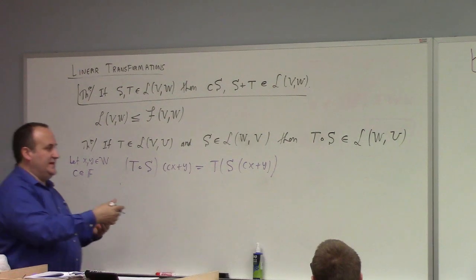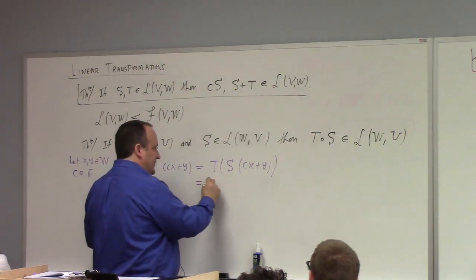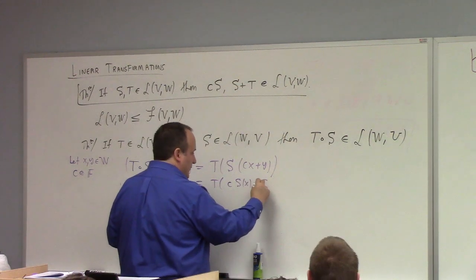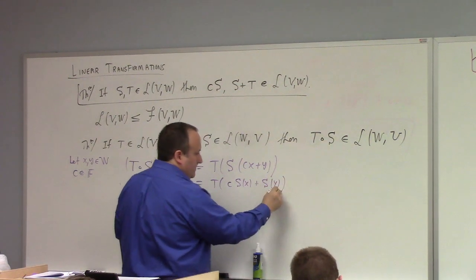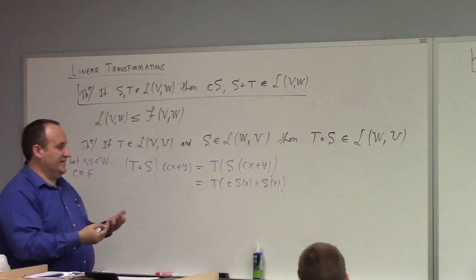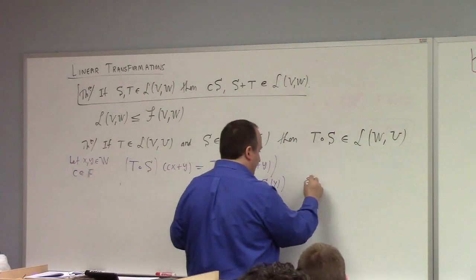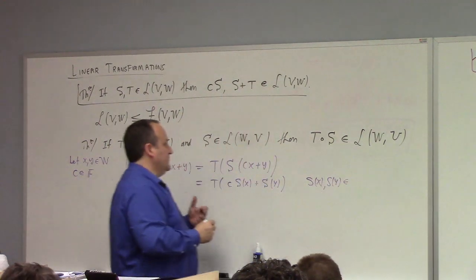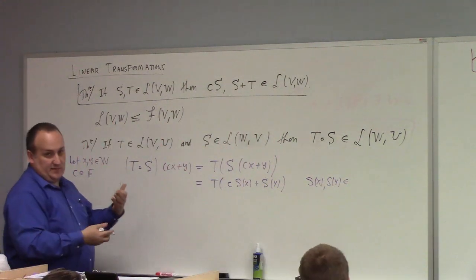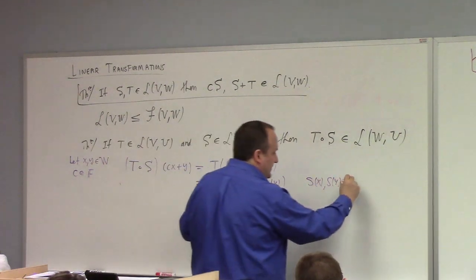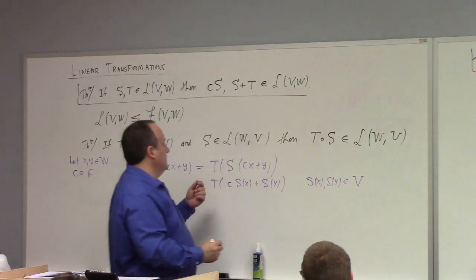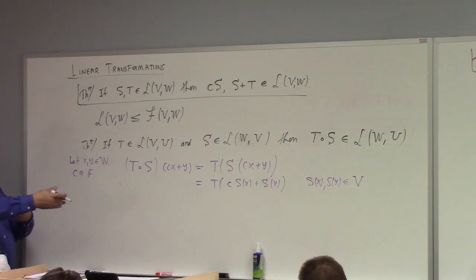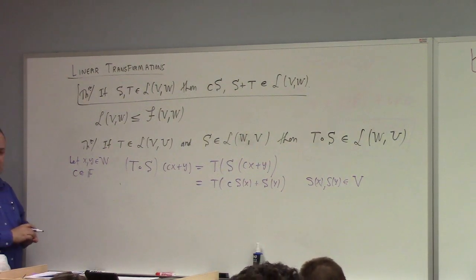Well, by linearity of S, this gives us T of C S of x plus S of y. Notice here that S of x and S of y are in V by construction, right? Those are the allowed inputs of T, so this makes sense. T is taking inputs from V as we expect.